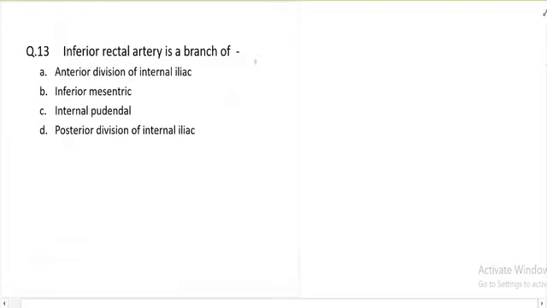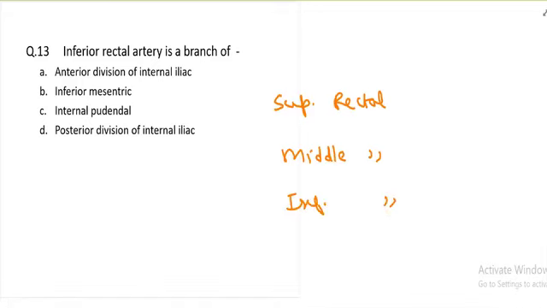Inferior rectal artery is a branch of. Now we need to understand that there are three rectal arteries: superior rectal artery, middle rectal artery, and inferior rectal artery. Superior rectal artery is a branch of inferior mesenteric artery.